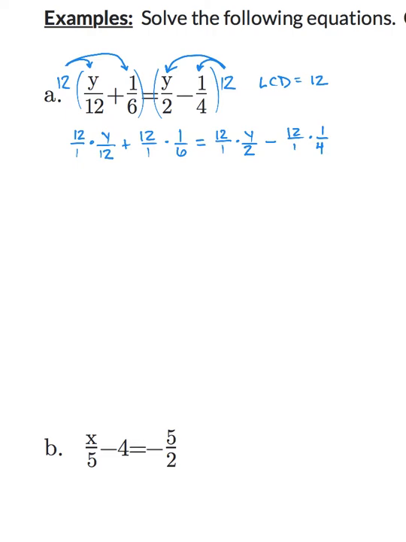So in the first term, my 12s, remember we are multiplying fractions, my 12s cancel completely, leaving me with just a y. In my second term, 12 and 6 are both divisible by 6. I get 1 and 2. And if I multiply straight across, I get 2 over 1, or just 2.